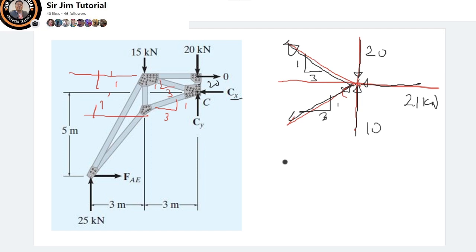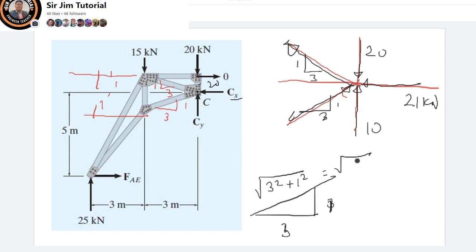Now how can we get this part? This is the Pythagorean theorem. If you have 1, 3, what is this side? Oh no, this is 3, I should say, and this is 1. This is just 3 squared plus 1 squared. The square root of 3 squared is 9 plus 1 is 10. So this is the square root of 10, and this is also the square root of 10.